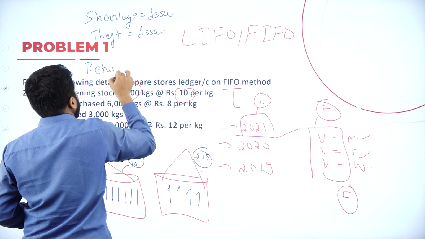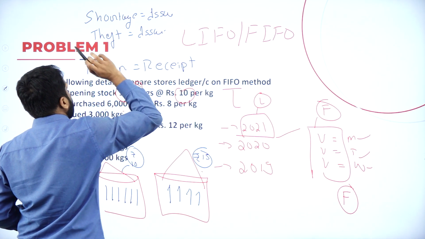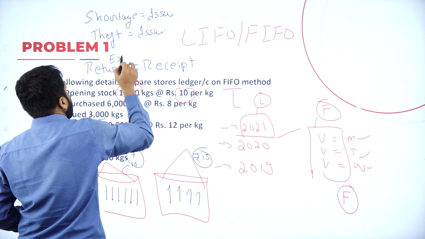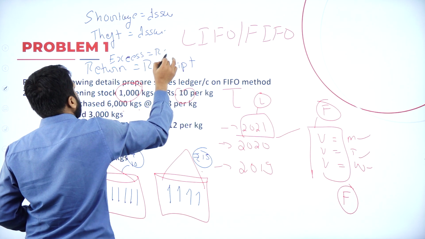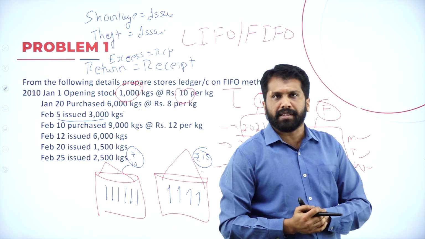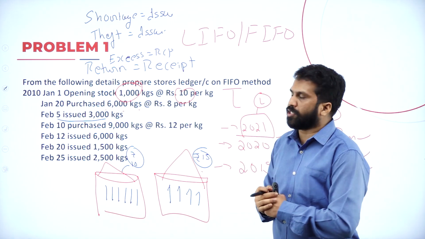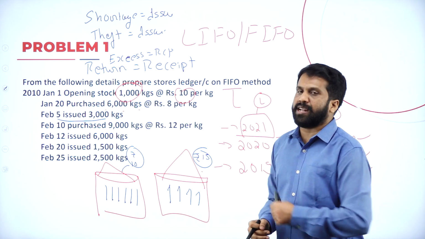Return means receipt. Excess means receipt. This much only you are supposed to remember. Hope you are clear. This is all about your logic actually. Hope you understood. Please work out these things, very important.